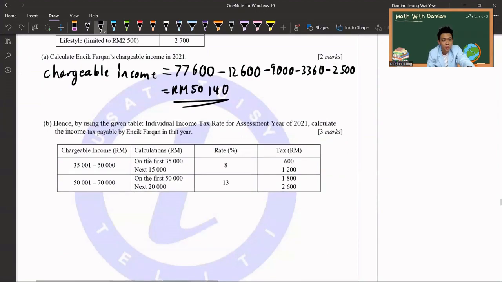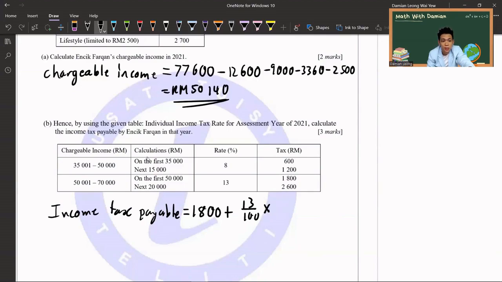Part B, by using the given table, for the income tax rate for 2021 assessment year, calculate the income tax payable by Encik Farhan in that year. So 50,140 will fall within here. So the income tax payable will be 1,800 for the first 50,000 plus 13% on the rest.